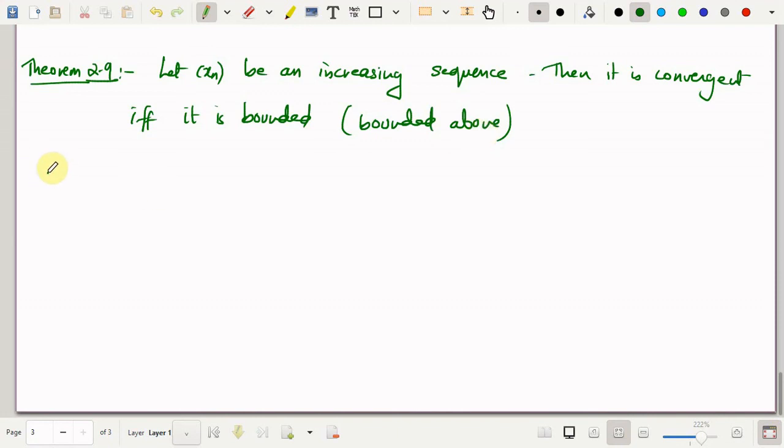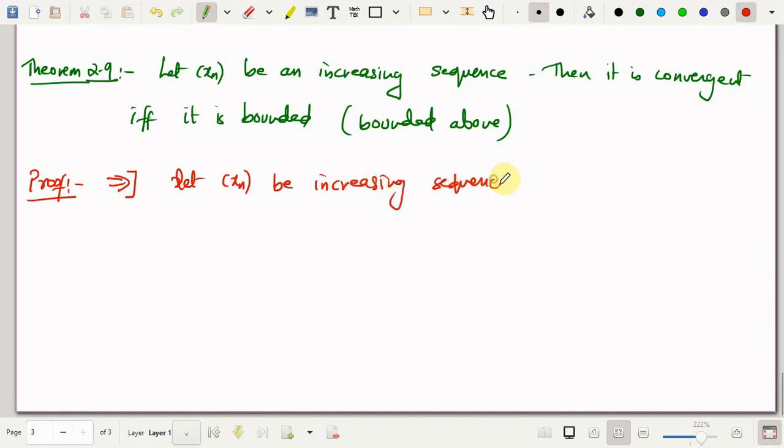Now the proof for this is the idea which we have mentioned above. So first I would take the direct implication. That's very simple to show. Given the sequence, let xn be increasing, in fact, that's a common statement, and convergent. Okay, so once you know that it is convergent, immediately you can say that it is bounded.